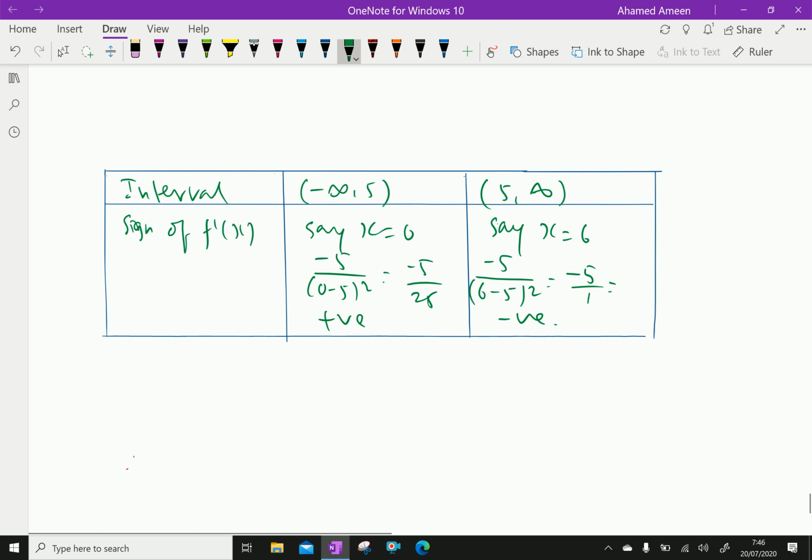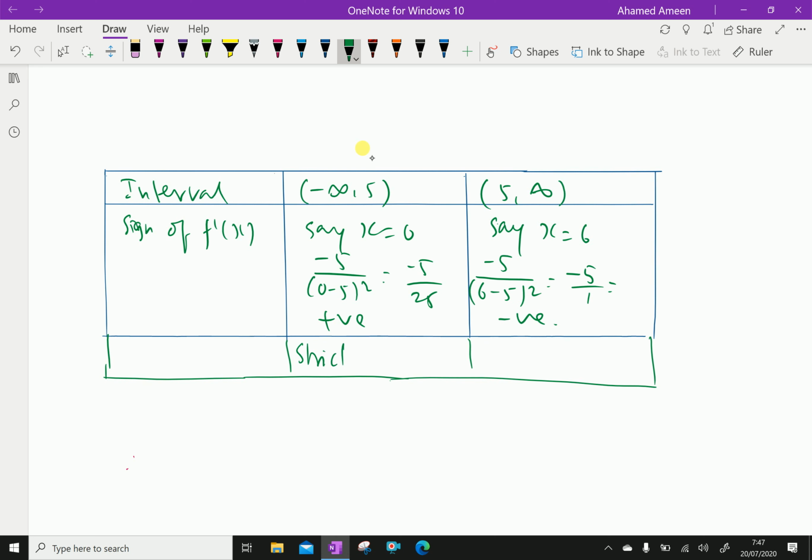So we can say here strictly decreasing, and here also strictly decreasing.